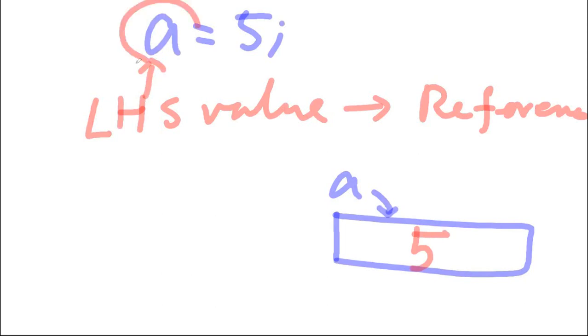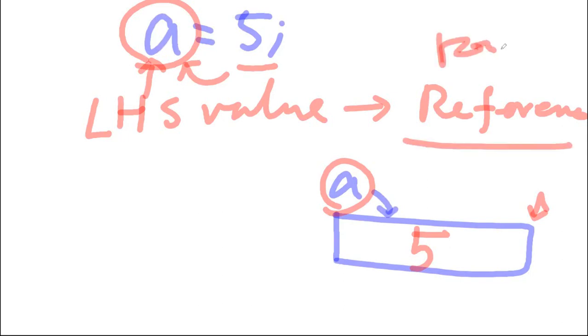This guy is the left-hand side value. It is pointing to the body of this variable, and you assign a 5 to the left-hand side value. But this is called a reference. It's not even a pointer.